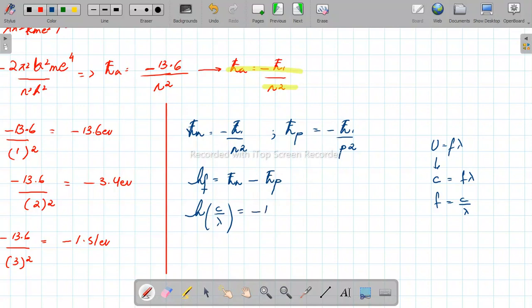This becomes minus E1 over n square, this minus from the formula, and then minus E1 over p square. Let's rewrite this equation. We get hc over lambda equals, taking E1 common here, minus 1 over n square and minus minus, plus 1 over p square here.